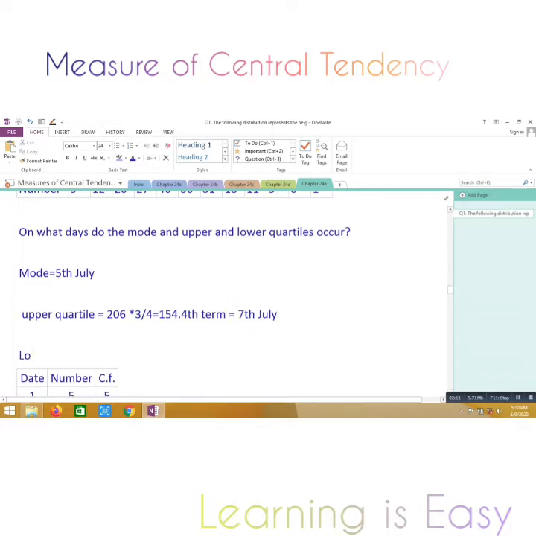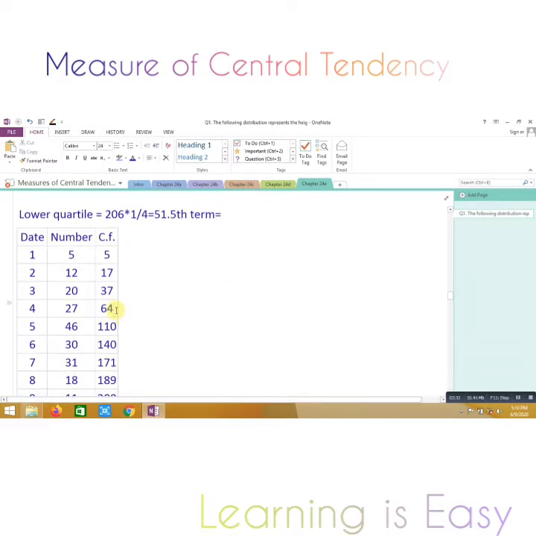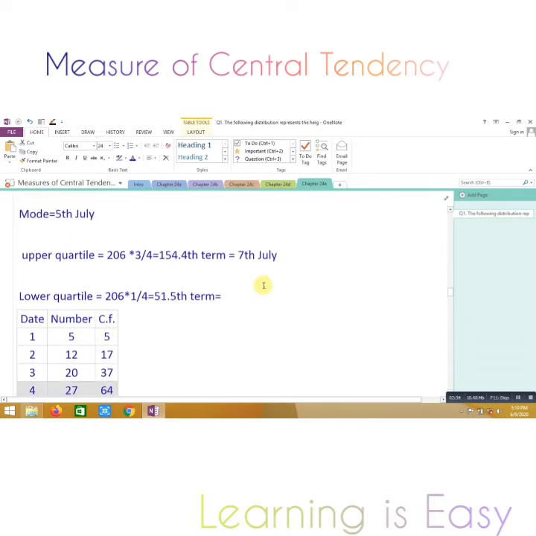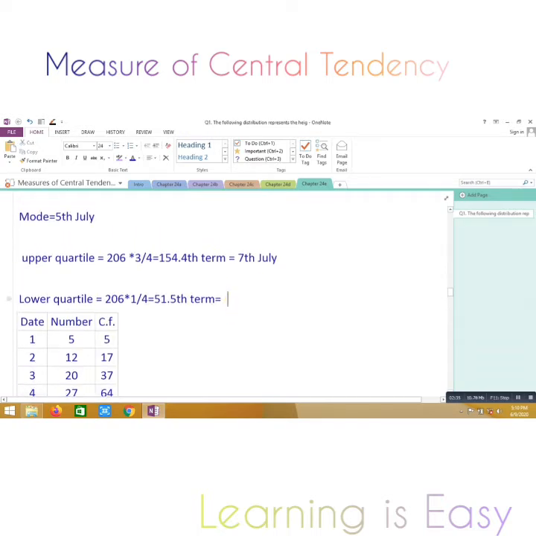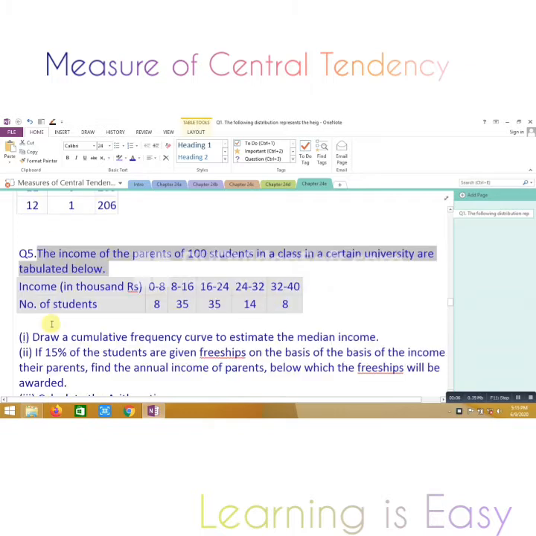Next, the lower quartile is 206 into 1 by 4. That's 51.5. So we need to see where it falls. 51 is on July 4th. So 4th July is the lower quartile.